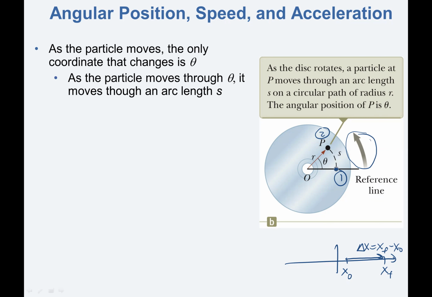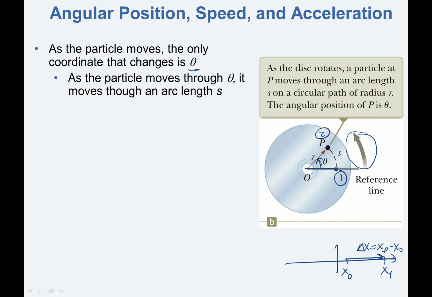You can see right now, as the particle moves, the only coordinate that changes is theta. The angle theta with respect to the reference line has now increased, right? That means we can say that it undergoes some kind of angular displacement theta.